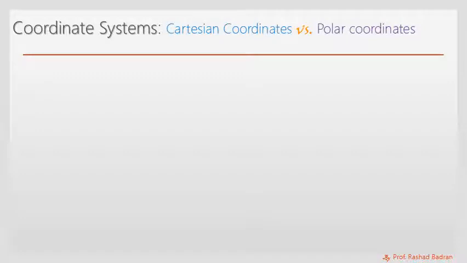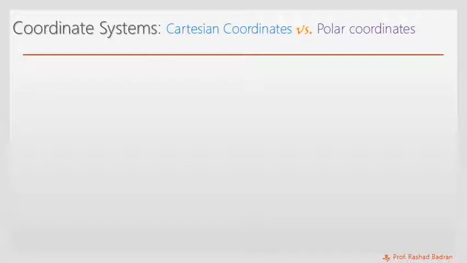The coordinate system, which has the origin as a reference point and three perpendicular axes x, y, and z, which meet at this point, is called Cartesian coordinate system.